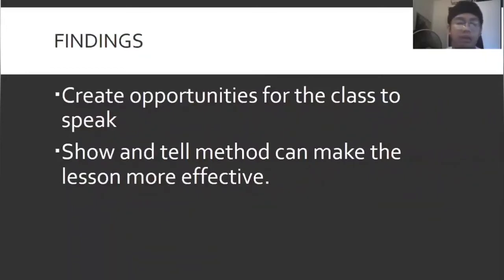Instead of using a teacher-oriented method, show and tell method is more of a student-oriented lesson, as the lesson can be more effective, and the students can understand what they are learning on that day.